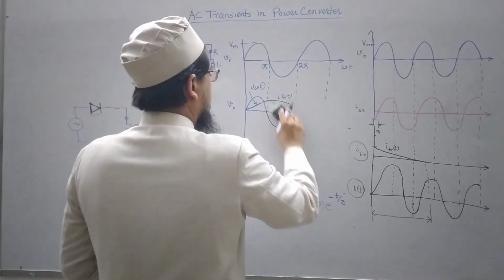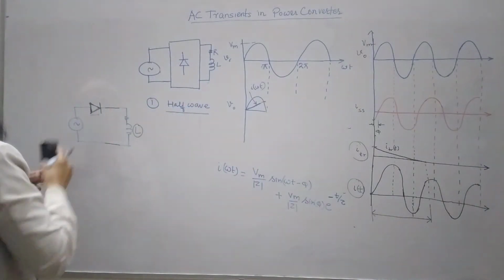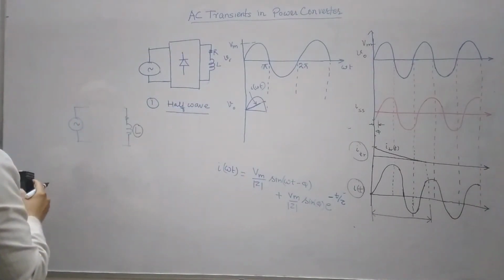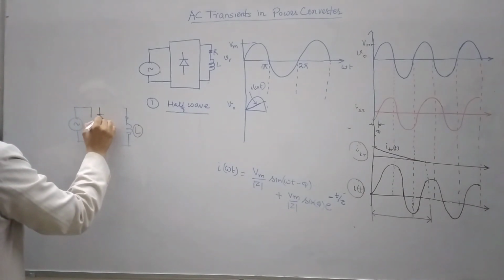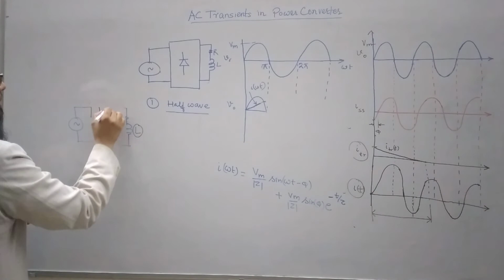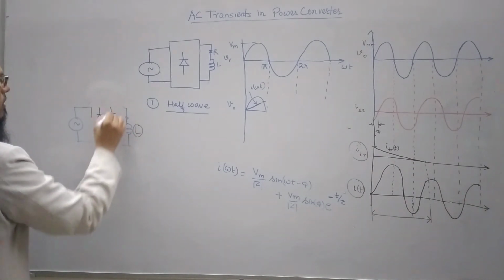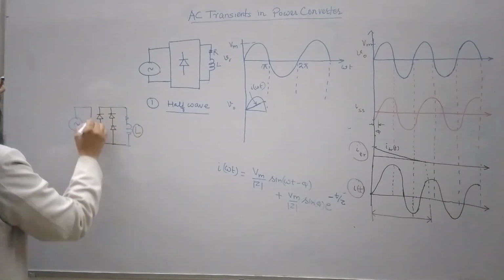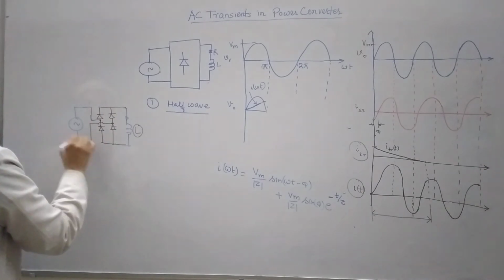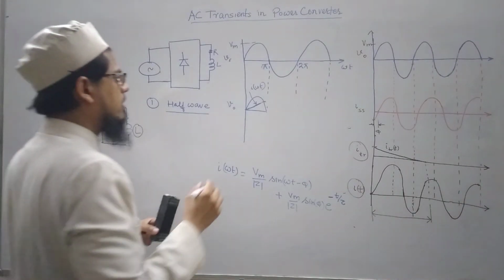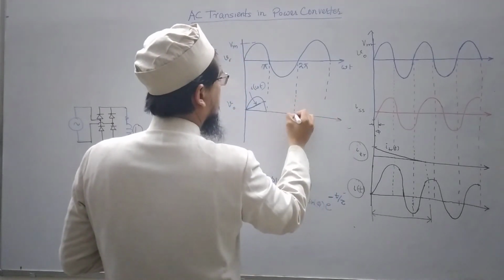Now take another case. In that case, I am assuming that the circuit is an uncontrolled but full wave rectifier. So this is your circuit. In this case, the output voltage would look like this.